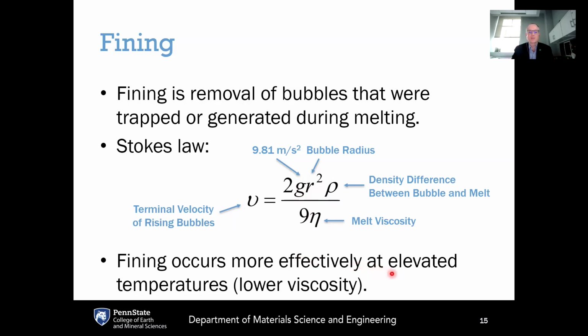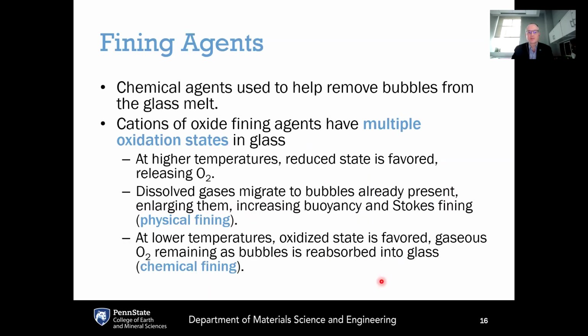So fining occurs more effectively at elevated temperatures or lower viscosities. Now, the other thing we can do to aid in fining is to include a fining agent as part of the batch. Fining agents are chemical agents that are used to help removal of bubbles from the glass melt.